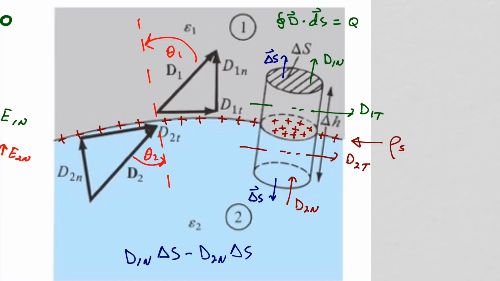And the free charge enclosed will be this free charge on the interface that's inside our Gaussian surface. So it will be the surface charge density times delta S.